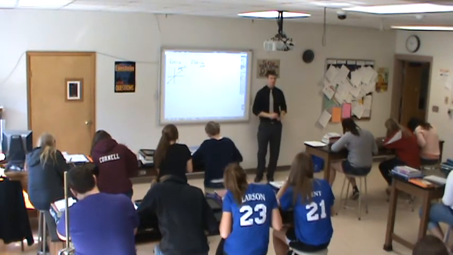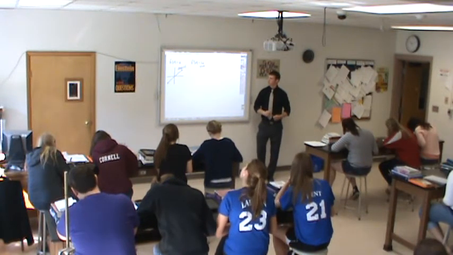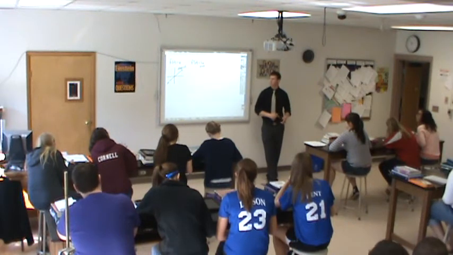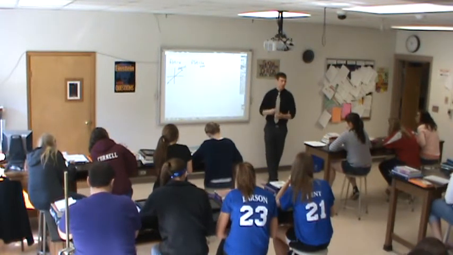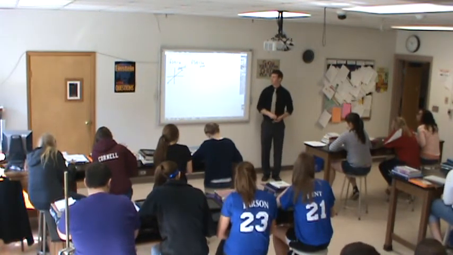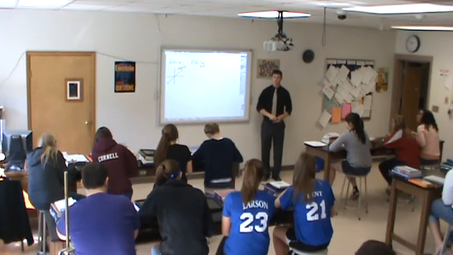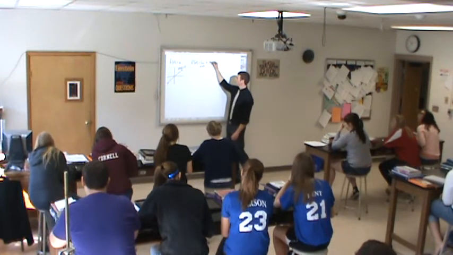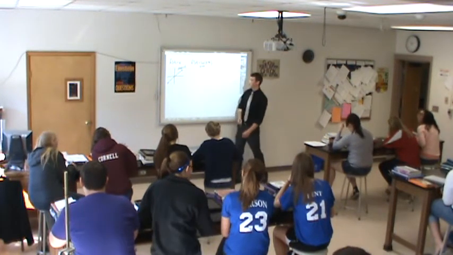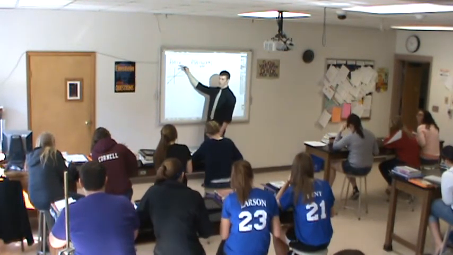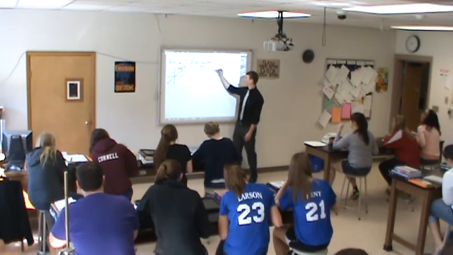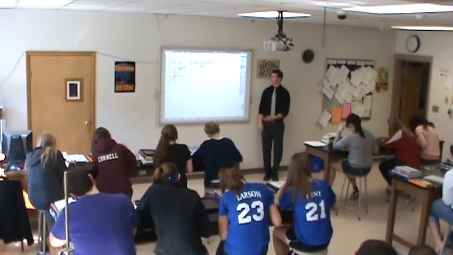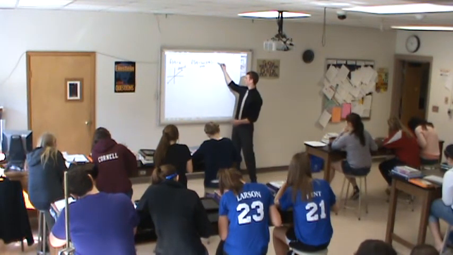Now what's f of x plus h this time? Anywhere we see an x, we're going to plug in x plus h. Okay, so what's f of x plus h? x plus h. See an x, plug in x plus h. Okay, so x plus h minus f of x. What's f of x? x.